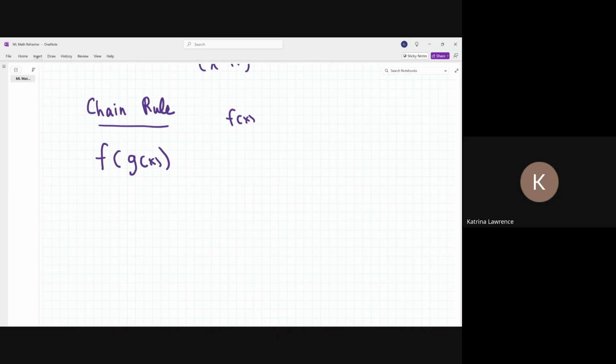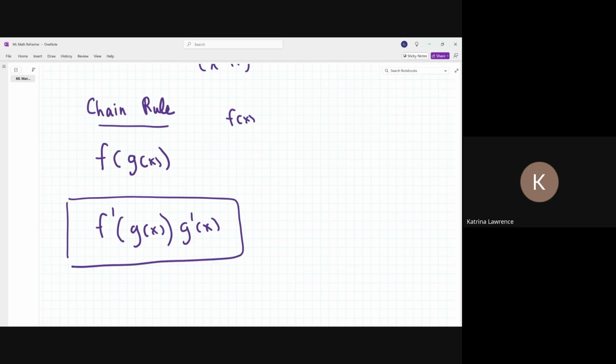Essentially, what chain rule says is if we're finding the derivative of this, we take the derivative of the outside function, so we do f prime times g of x, and then we multiply this by the derivative of the inside function, which is g prime of x.